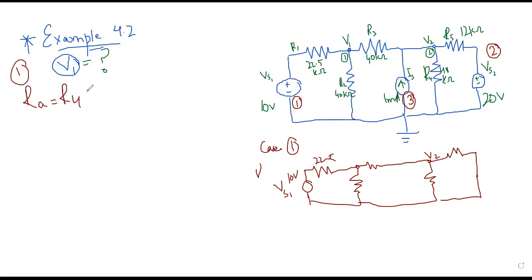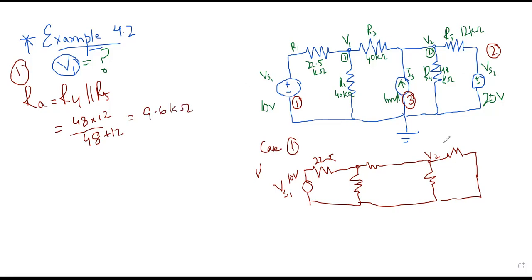Is it clear? RA equals R4 parallel to R5. So this will be written as 48 multiplied by 12 divided by 48 plus 12. This must be equal to 9.6 kilo ohm.